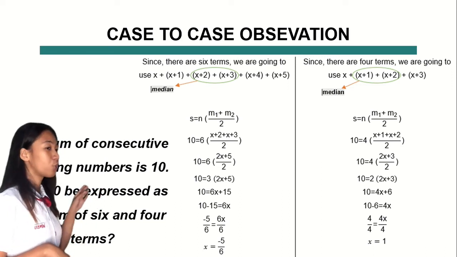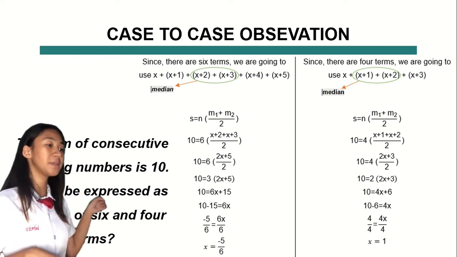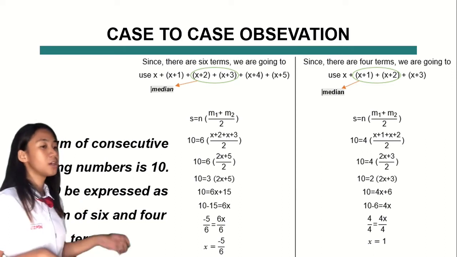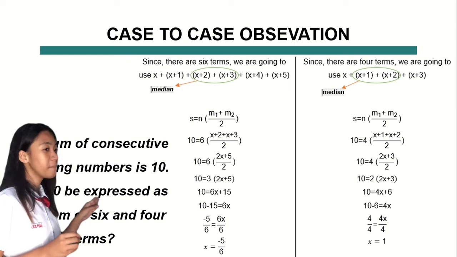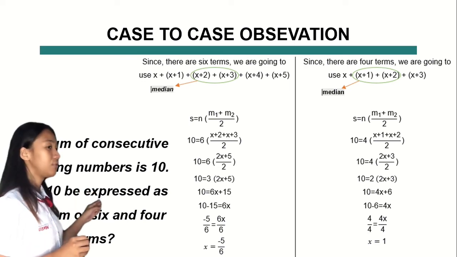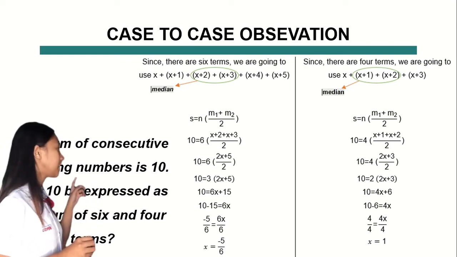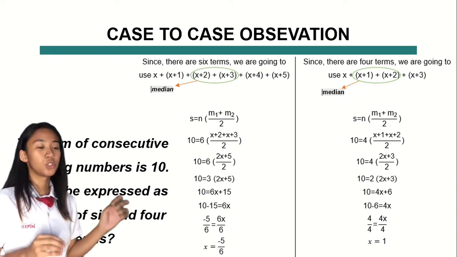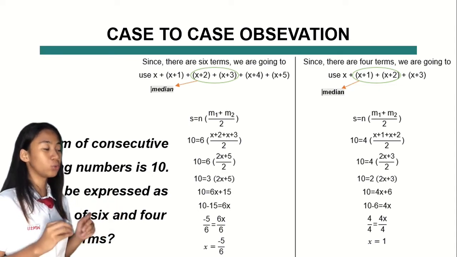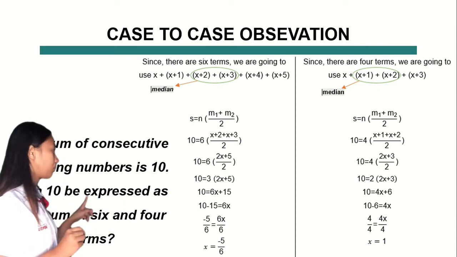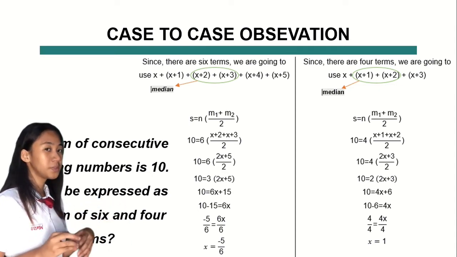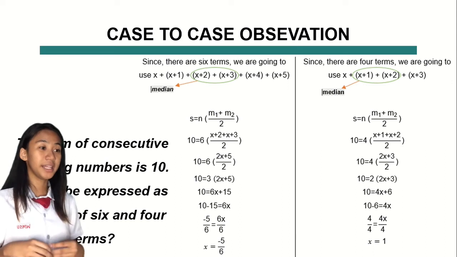Since there are 4 terms, our medians would be x plus 1 and x plus 2. So we substitute all the given: 10 is equal to 4 multiplied by the quantity of x plus 1 plus x plus 2 divided by 2. So 10 is equal to 4 multiplied by 2x plus 3 divided by 2. So we are going to cancel, dividing 4 and 2.